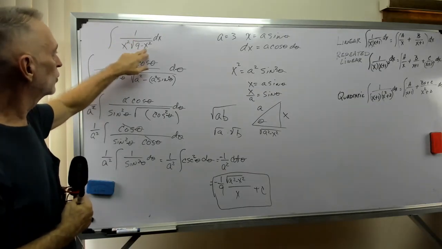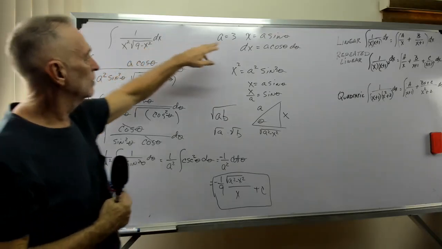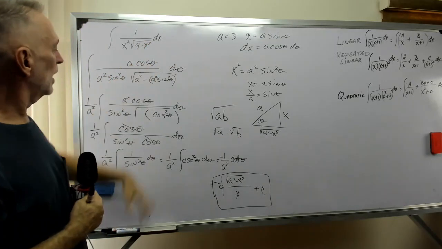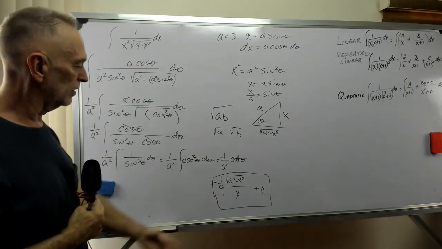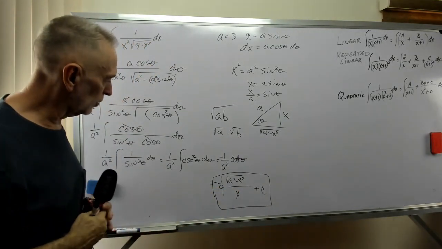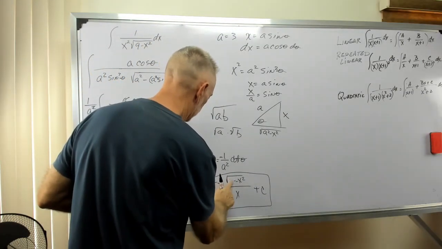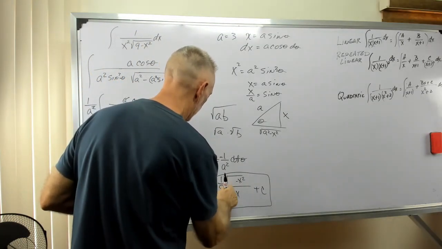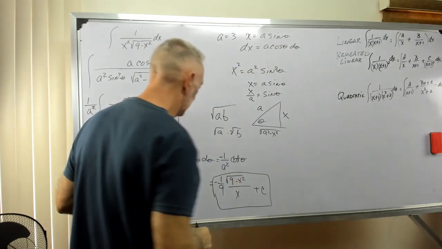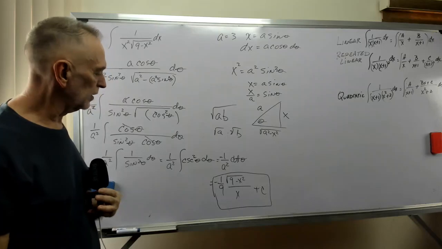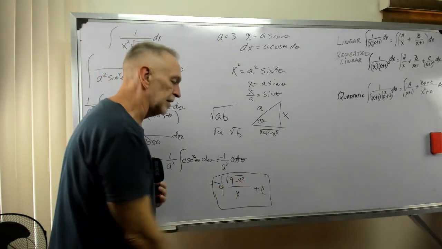So now we had 3 times, which was a sine theta. So that allowed us to work through that and end up with the correct answer. So 1 over 9, a squared is 9, so the square root of 9 minus x squared over x times 1 over 9 plus c.